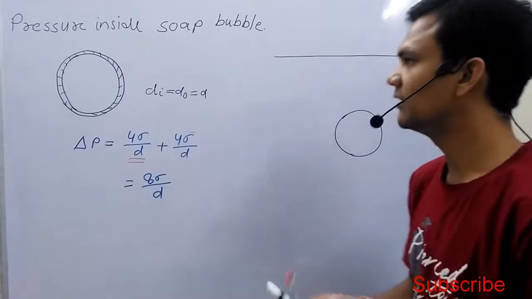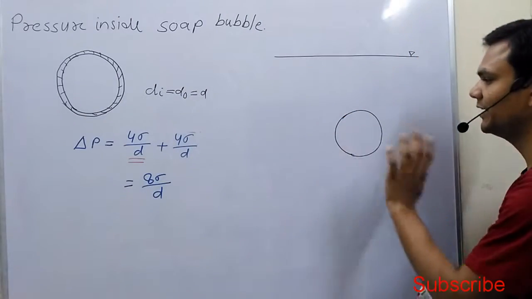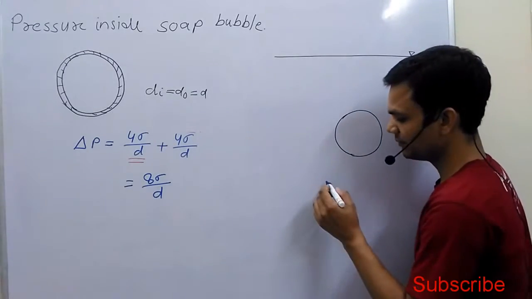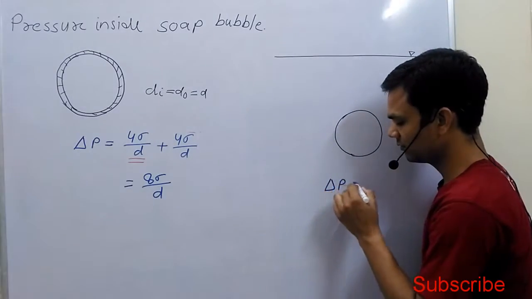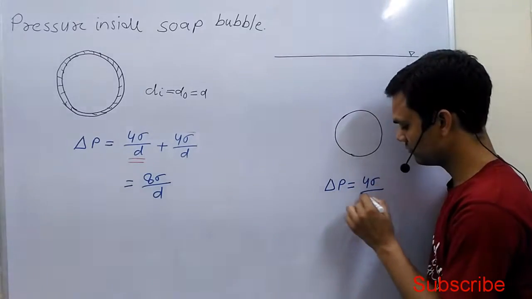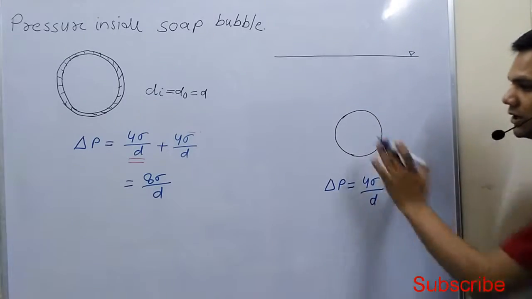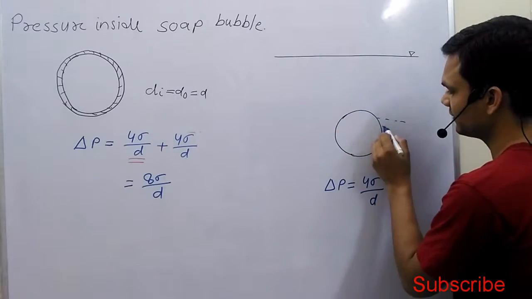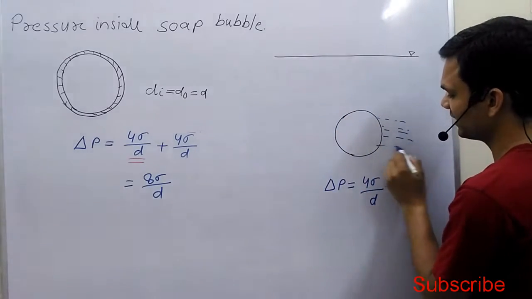Now we consider another example. Let me take a liquid droplet. For this the pressure will be 4 sigma by d. Now this liquid droplet, let me consider water.